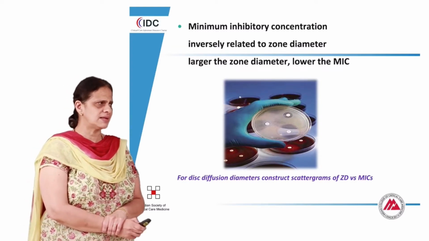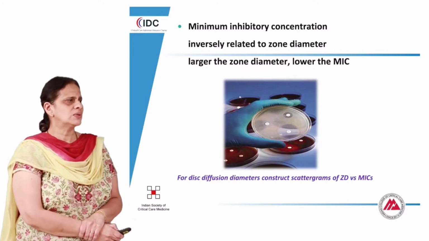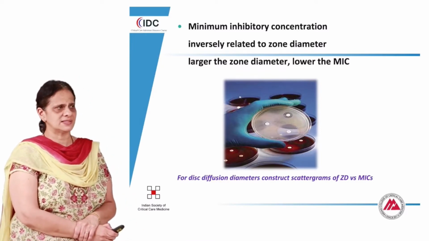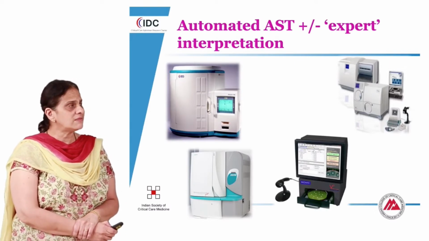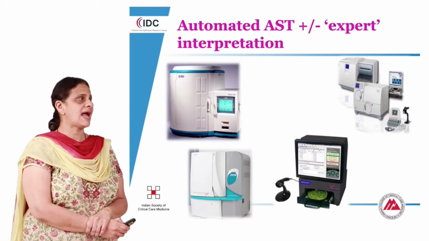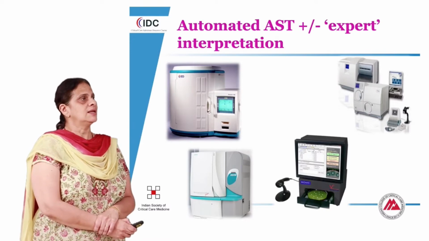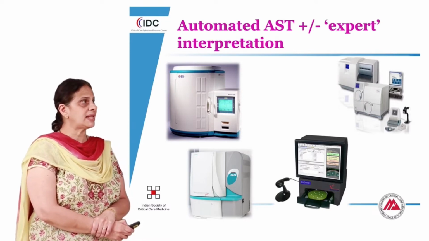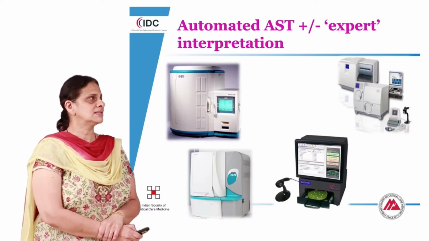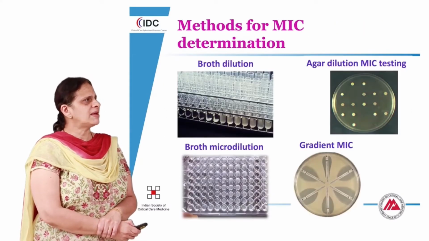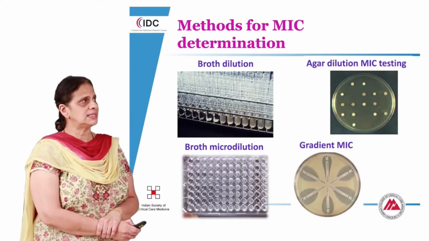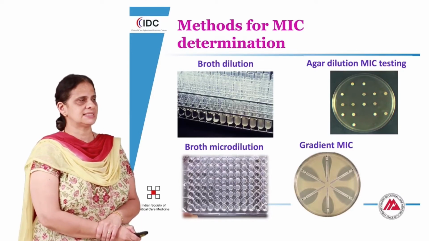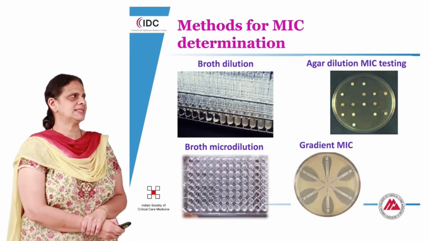We actually don't have to worry about it, but for disk diffusion diameters, you construct scattergrams of zone diameters versus MICs. These are the automated methods that are doing the rounds, and most of us in India today have some sort of automation which provides an expert interpretation of our susceptibility tests. And the methods include broth dilution, broth microdilution, as I've told you earlier, agar dilution, and E-test, which is a gradient diffusion MIC.